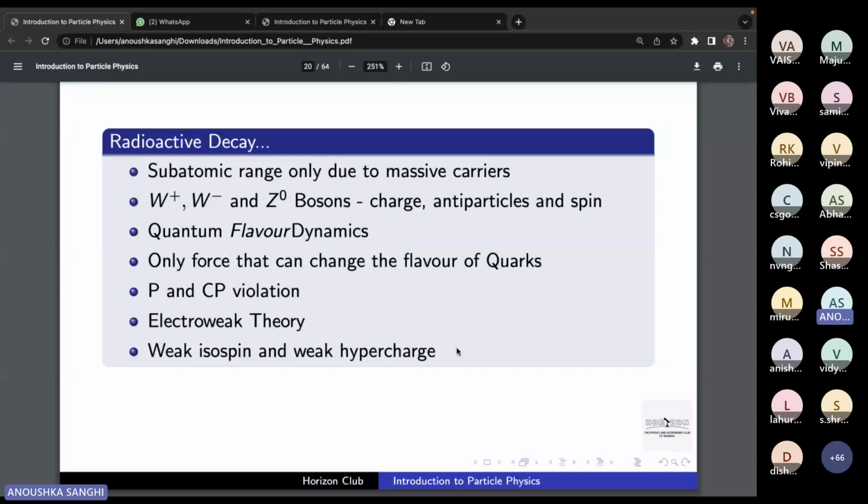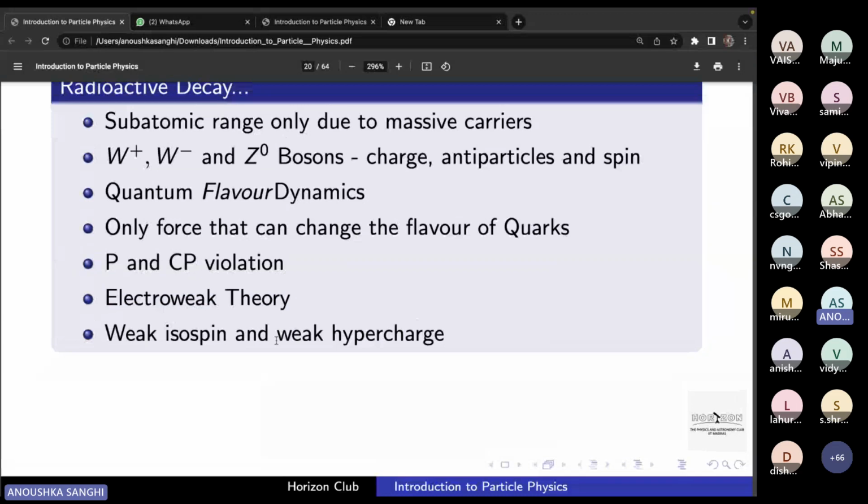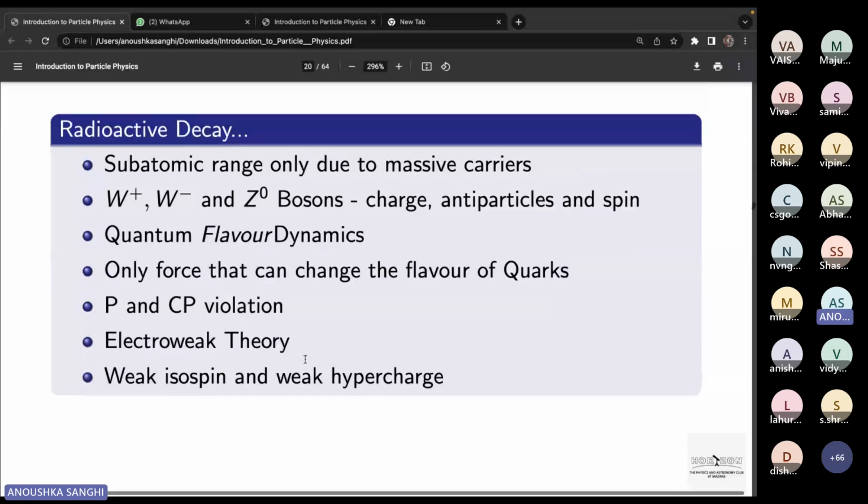The electroweak theory can be explained a little later, when I teach about another very special particle that is included in the standard model.